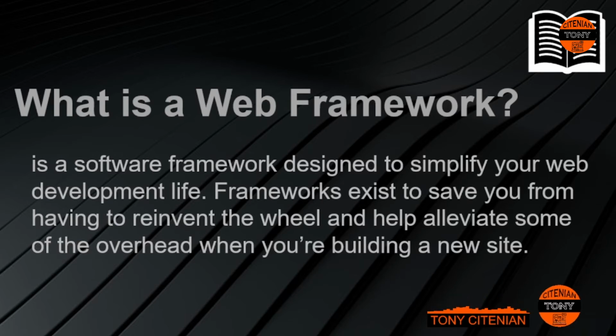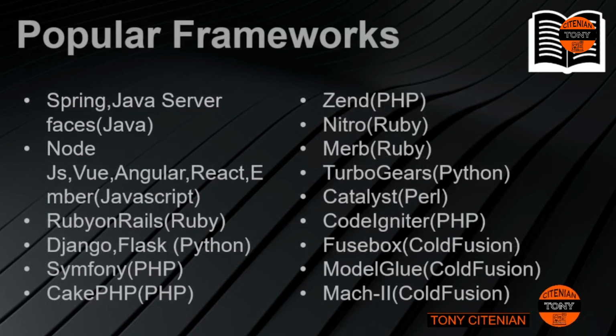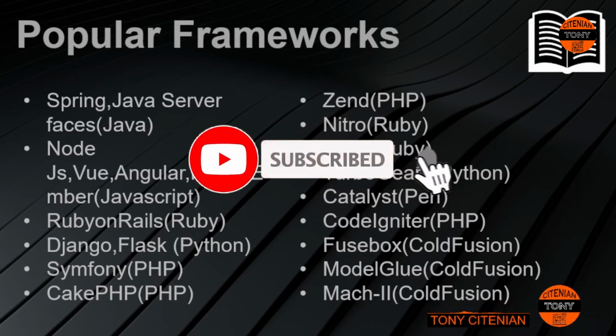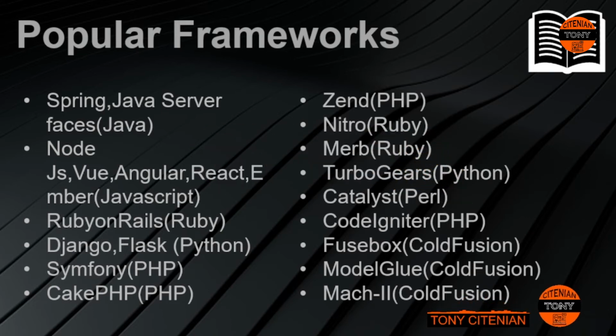If you are planning to kick off your IT project right now, you can choose among these popular web frameworks. What are those? So we have Spring, JavaServer Faces, also for Java; Node.js, Vue, Angular, React, Ember for JavaScript; Ruby on Rails from Ruby, Django plus Python, Symfony for PHP, CakePHP, powered by PHP.